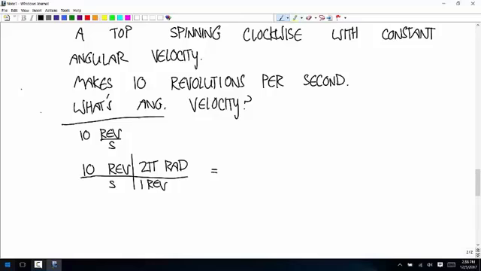And so the angular speed is 10 times 2 pi, so 62.8 something radians per second. That's the angular speed. That doesn't have any direction attached. So now we have to include the direction. It's spinning clockwise, so what's the sign? Yep, so negative 62.83 radians per second.